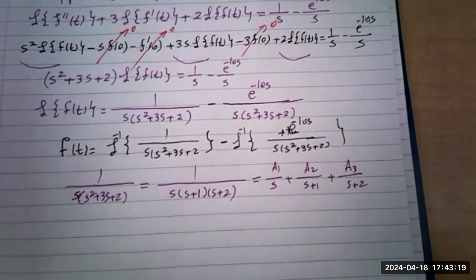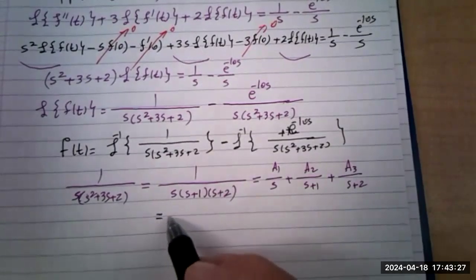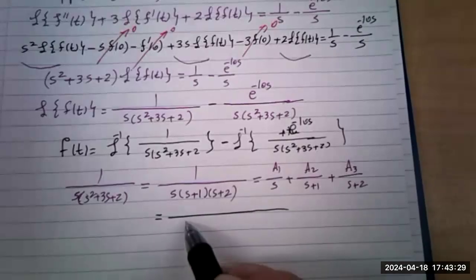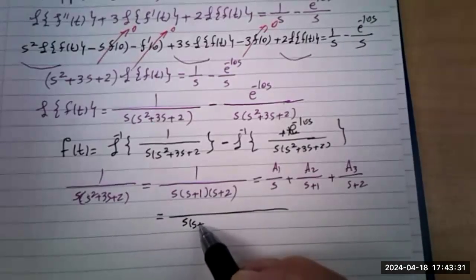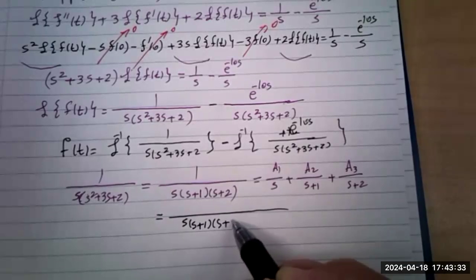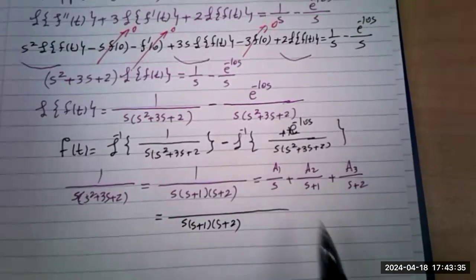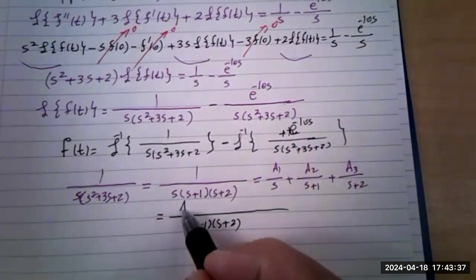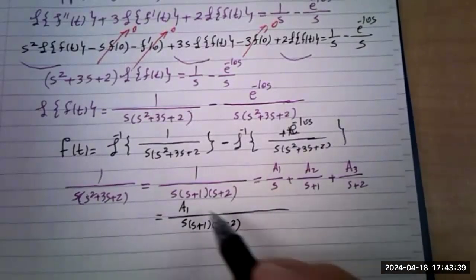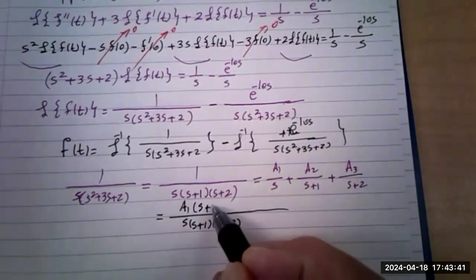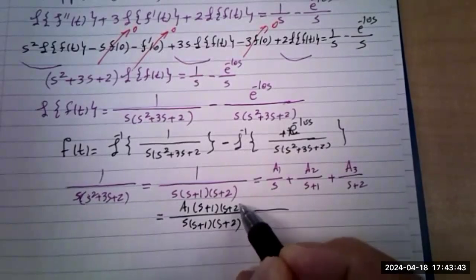Okay. So stay to the right, find the common denominator, let the two cut each other. You have to do nice numbers, and you can find it. If you find the common denominator, it is going to be s squared plus 1, s plus 2. On the top, you get the A1 times the other denominator, which is s plus 1, s plus 2.